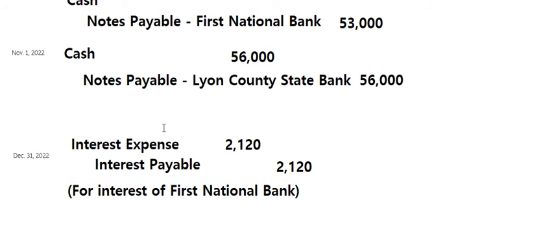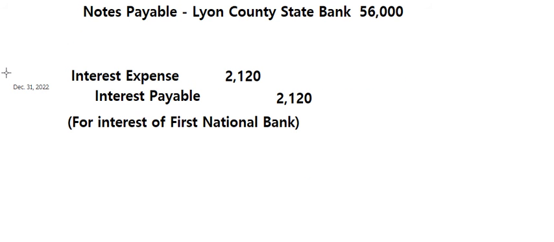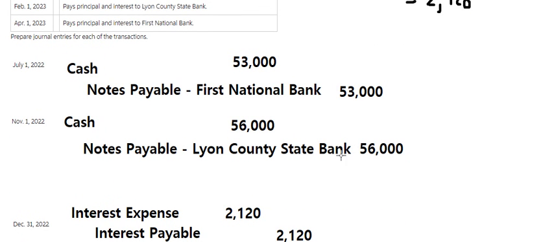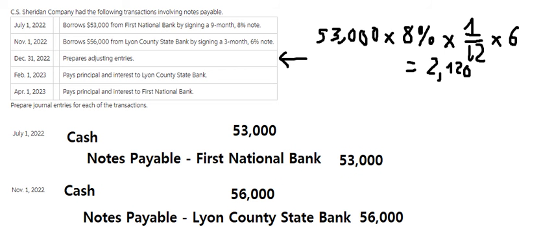Now we do the same for the second one. So Leon County State Bank. For this one, from November to December, that is about 2 months. So we have 56,000.